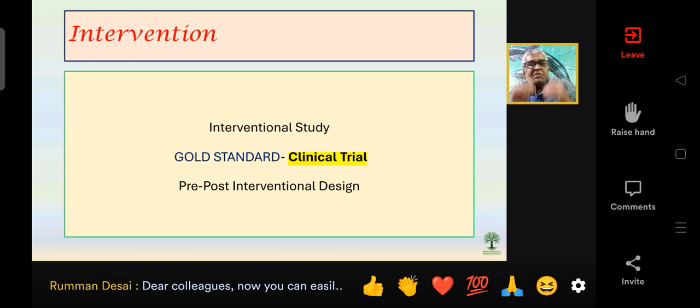So that's also possible. But for interventional studies, clinical trial is the gold standard. And most journals now don't accept it if you don't do a clinical trial. You'd have to spend quite some time trying to convince the reviewers why you did not do a clinical trial. Most journals of a good standard.